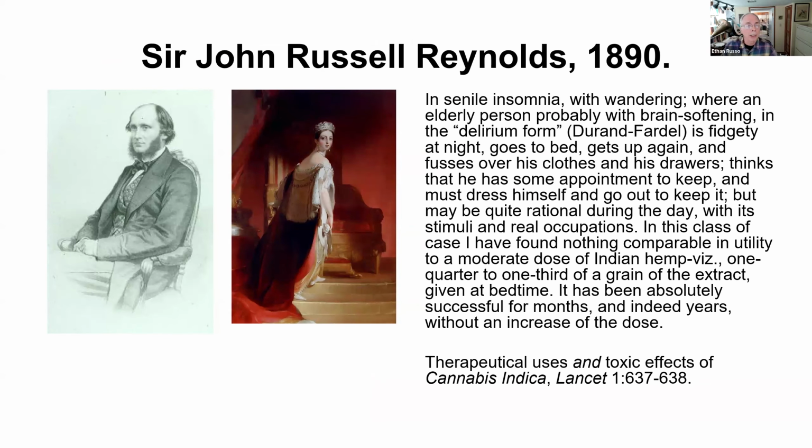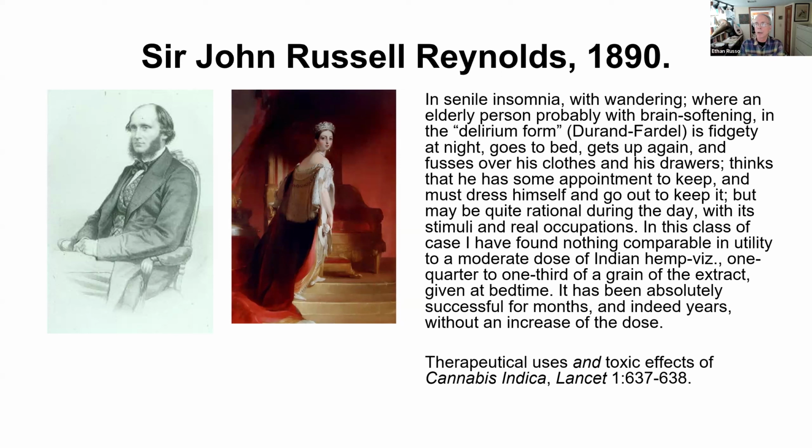In more modern times, when Indian hemp had been brought to England in the 19th century, John Russell Reynolds was the physician to Queen Victoria, who we see depicted here. He described a case study in what was called senile insomnia with wandering, what we would call sundowning today, where a person with dementia becomes particularly disoriented at night.